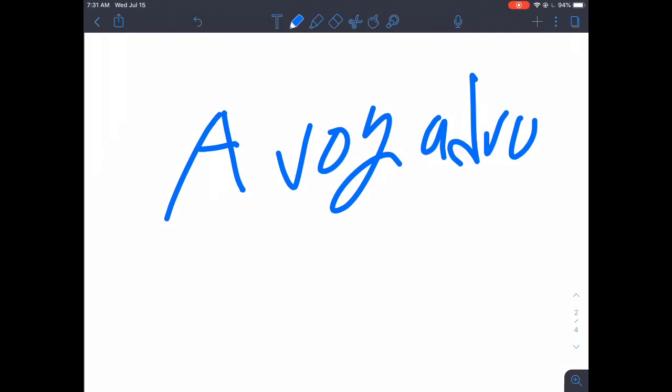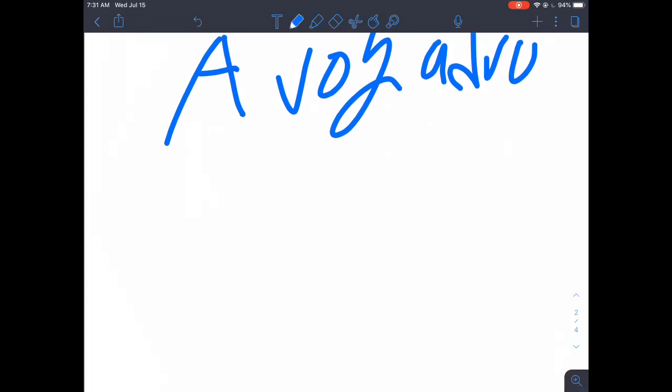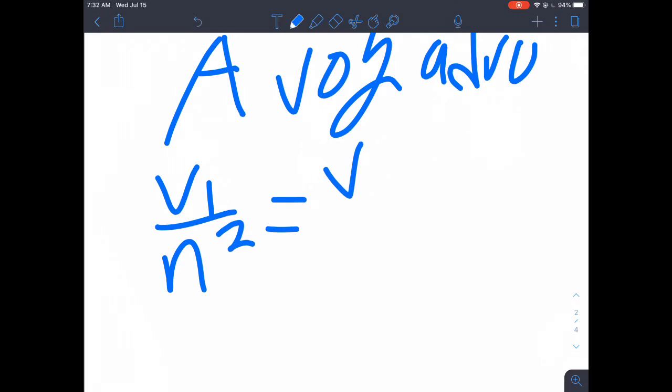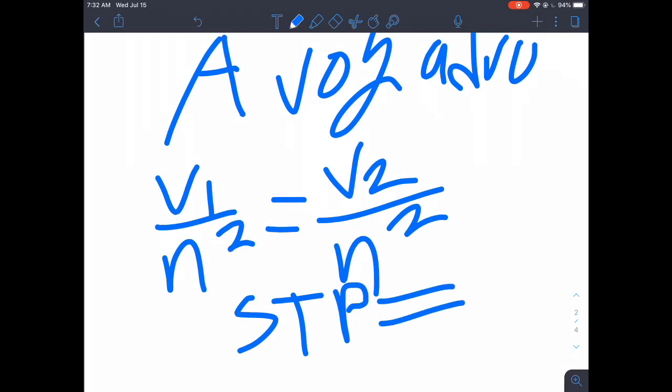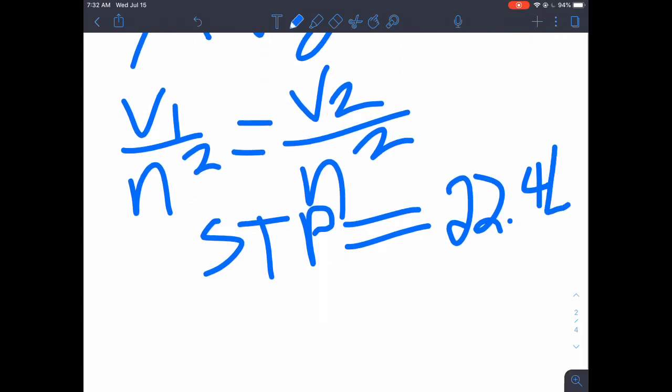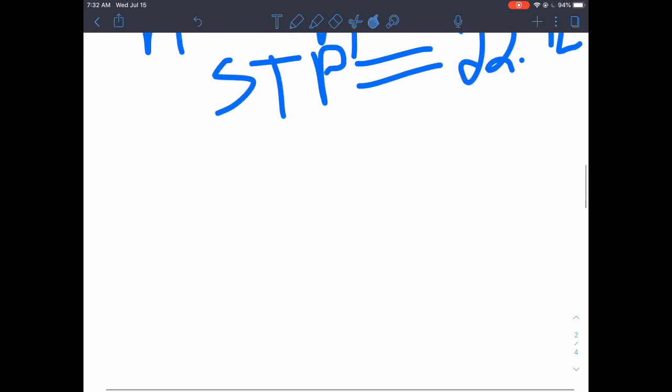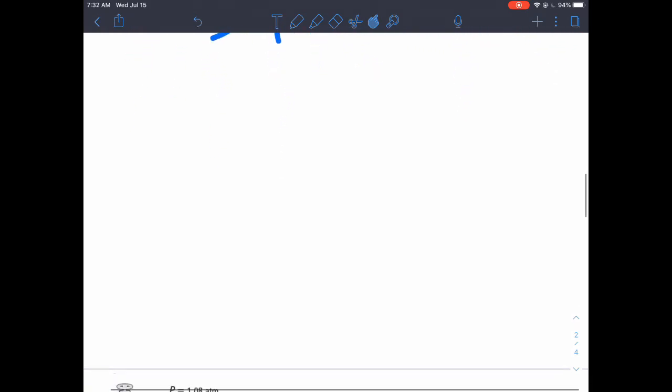At other temperatures and pressures, the volume and number of moles can be described in this equation. Basically, this means that if the number of particles in a gas increases, its volume also increases.